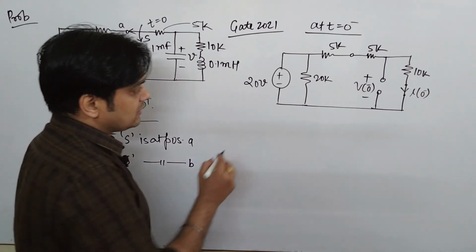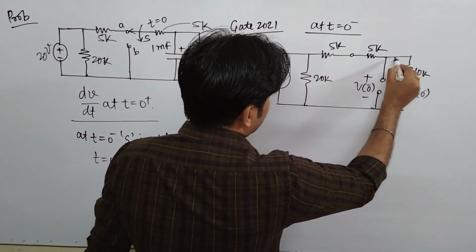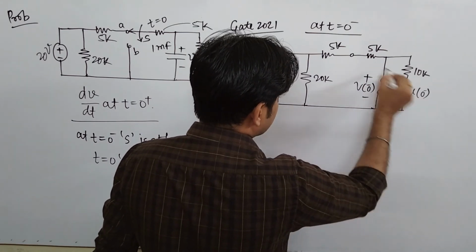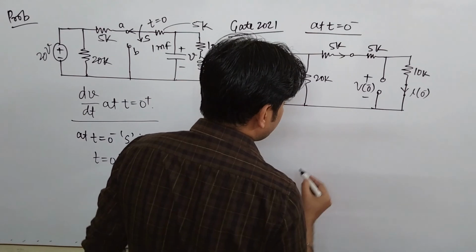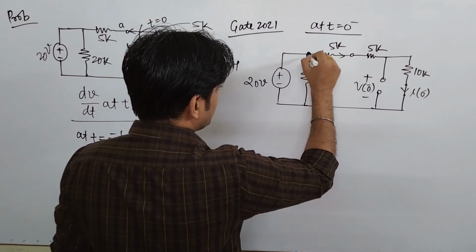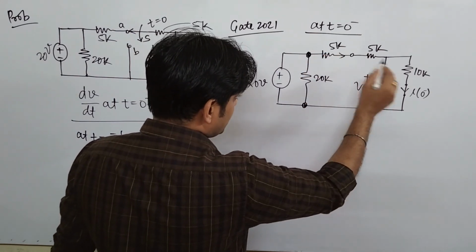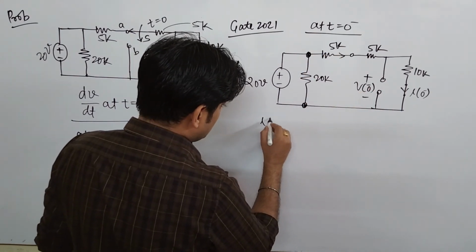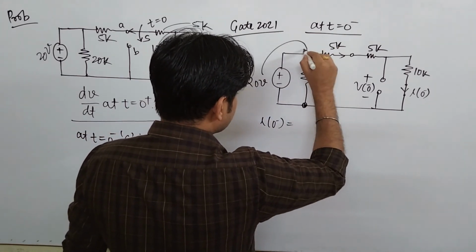Now at t equal to 0 negative, if you find this current, because this is open circuited, this I0 negative will flow here. If you find this current, you are able to find V0 negative, and this 20 volt will appear between these two nodes.